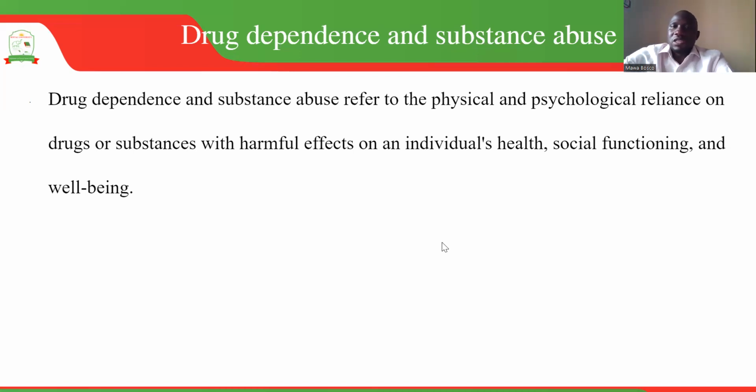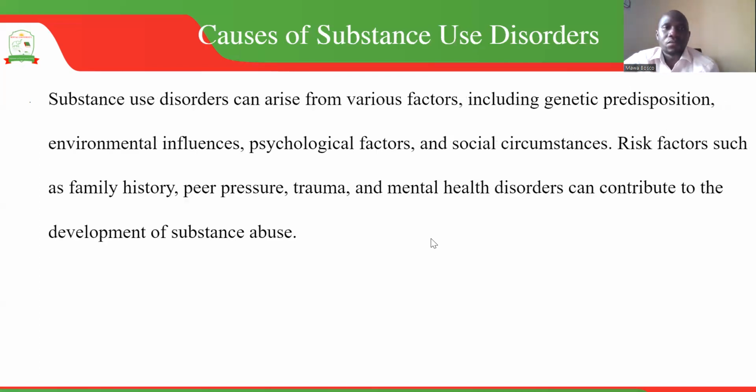So you can just call it a mental disorder, where you have someone relying on drugs for them to be able to work, for their social performance or work performance. So generally, their well-being. This is not something that is actually good.